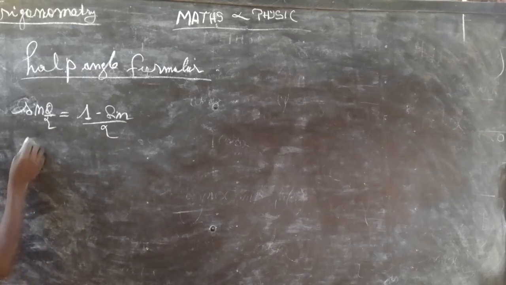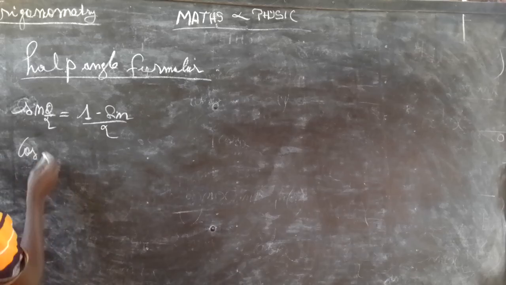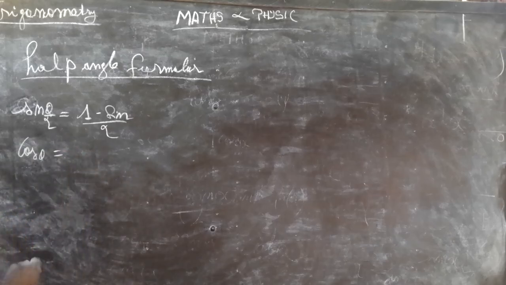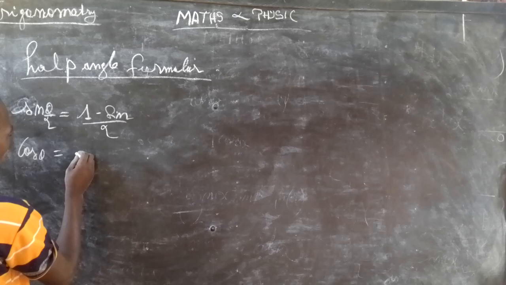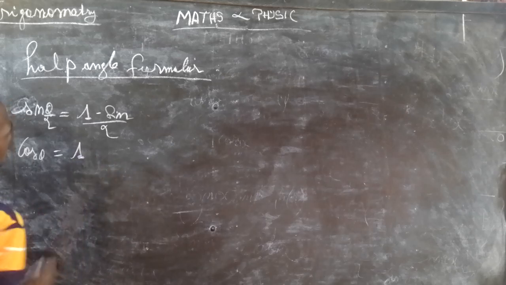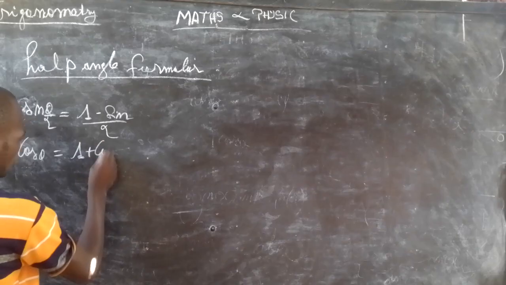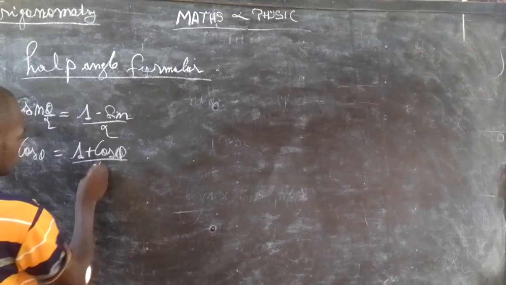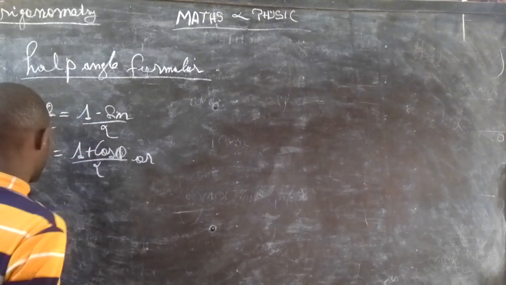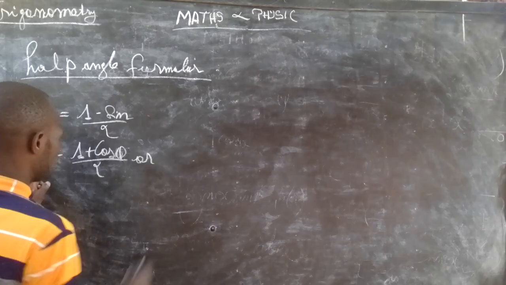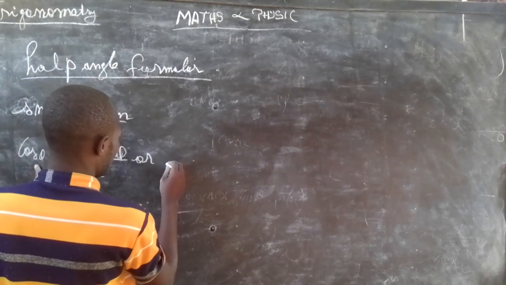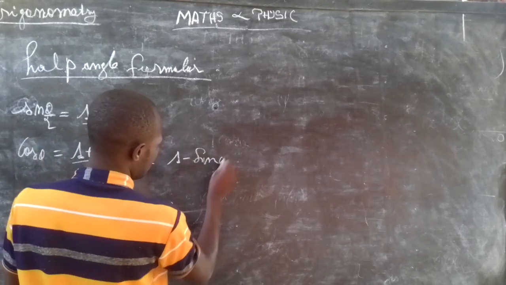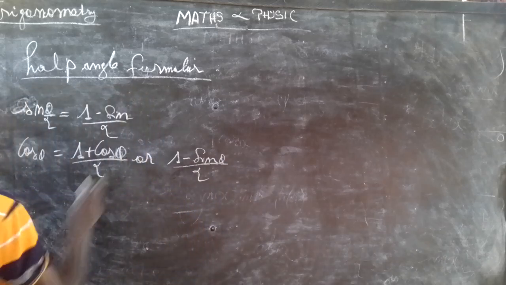So here we have also cosine theta, which is equal to 1 positive cosine theta over 2, or 1 negative sine theta over 2. This is also very important.